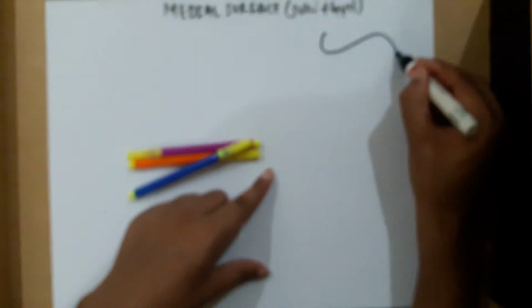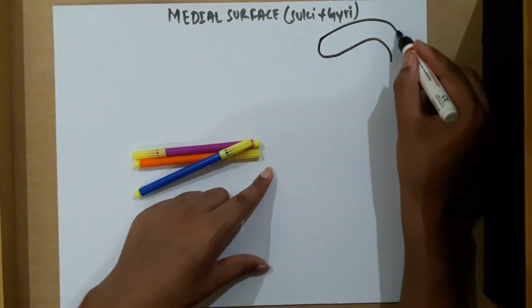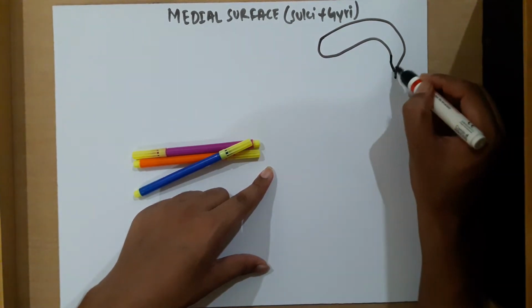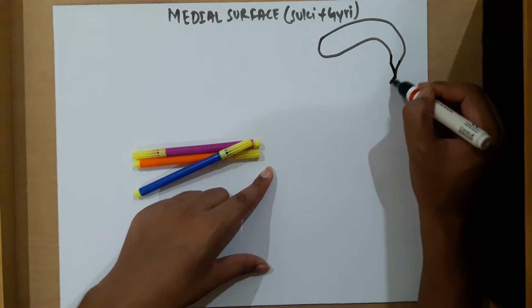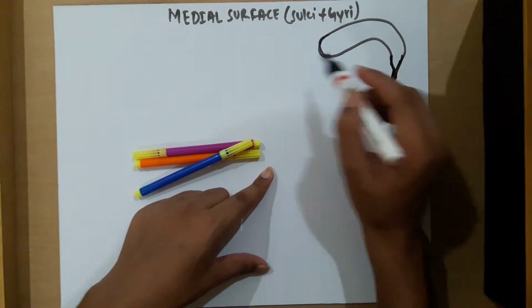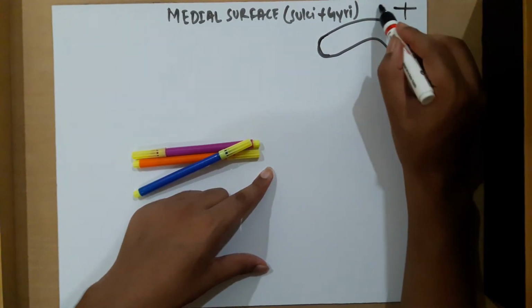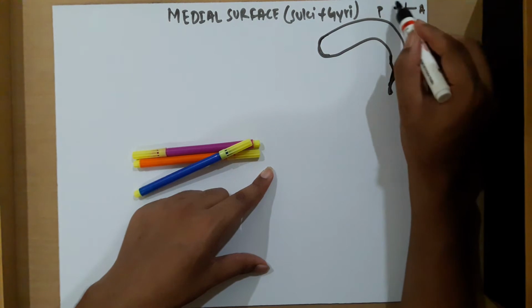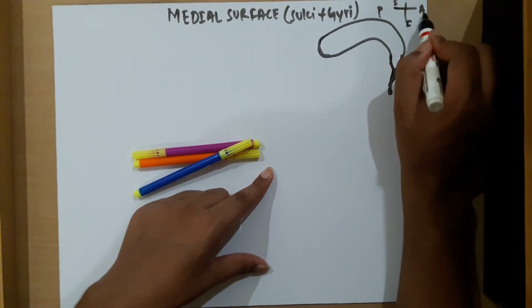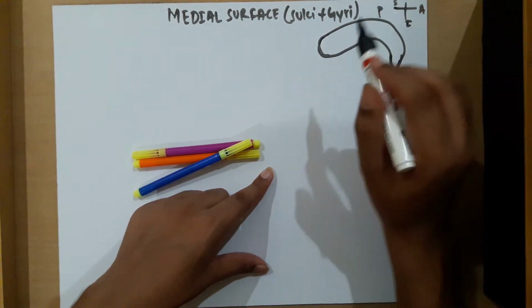If this is the corpus callosum, this is the posterior, this is the anterior, superior and inferior. From posterior to anterior it presents four parts.